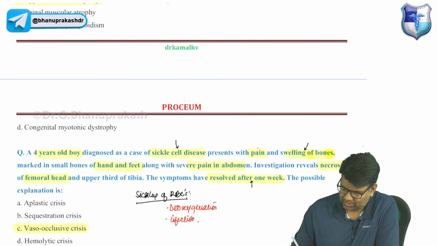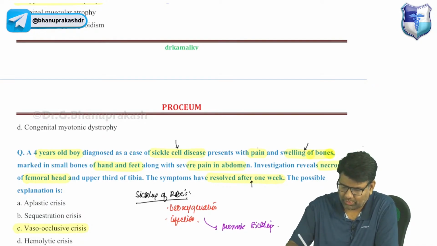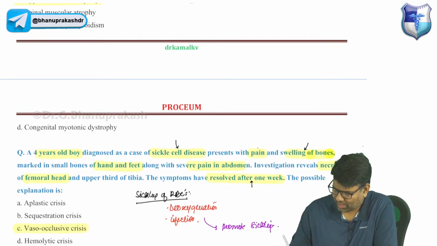So what will happen, these conditions, they will promote sickling. They will promote sickling, and what will happen, the RBCs, which are usually biconcave discs, they will change their shape to crescent, something like this.